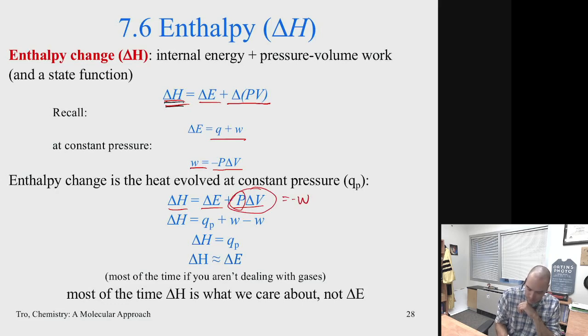And we know that delta E is Q at constant pressure plus W, and we're going to subtract W. So the W's cancel out, and delta H equals Q_P. So it's the heat evolved or absorbed at constant pressure.